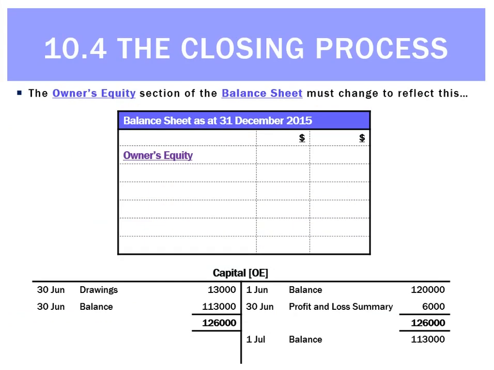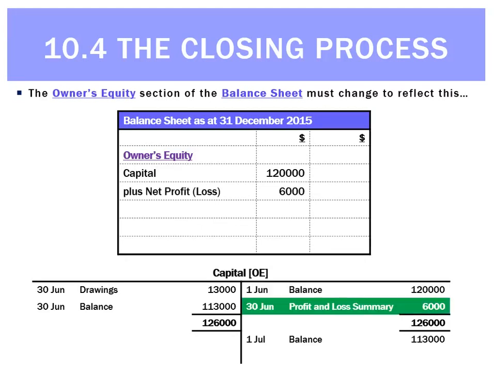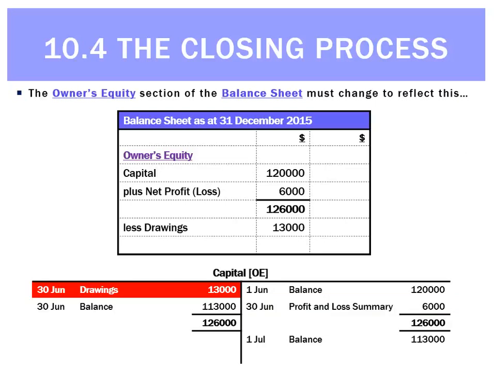So what we're going to do is change the owner's equity section of our balance sheet so we can figure this out. So what we're going to do is not just write one figure called capital. What we'll do is we'll start with the opening balance. So opening capital was 12,000. We'll then add in the net profit, in this case 6, and that equals a total possible equity of $126,000. However, we need to take out our drawings. So what we'll write here is less drawings of 13, and that'll give us a total for owner's equity, which will represent our closing balance in the capital ledger.